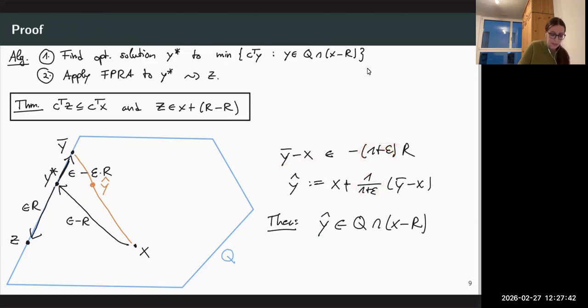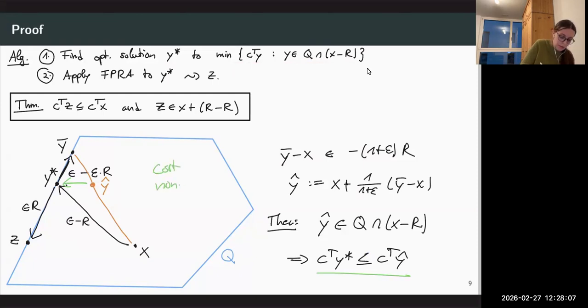So what this means is that y hat was actually a candidate to choose in my optimization problem here. So this implies that c transposed y star is at most c transposed y hat. And this tells me that if I look at this direction, the cost is non-decreasing.